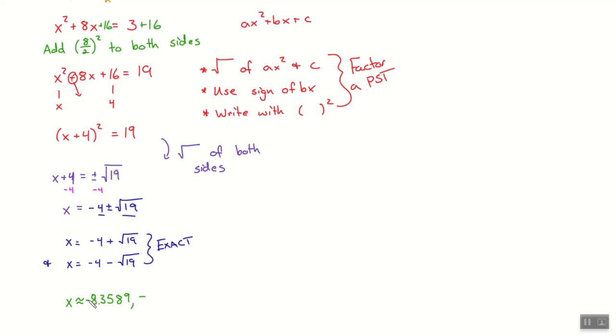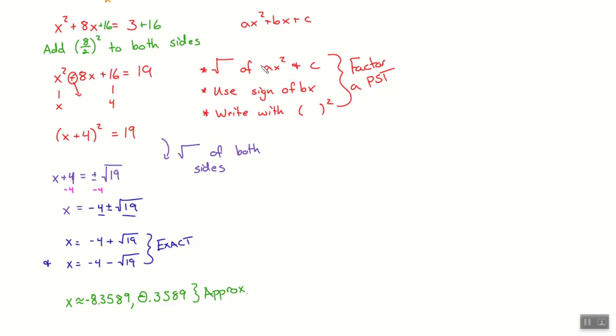Or it'll be that, gross, or -0.3589. Which of these answers do I want? The exact or the approximate? 0% of the time do I want the approximate. I would rather not pick up a calculator to have to do this.